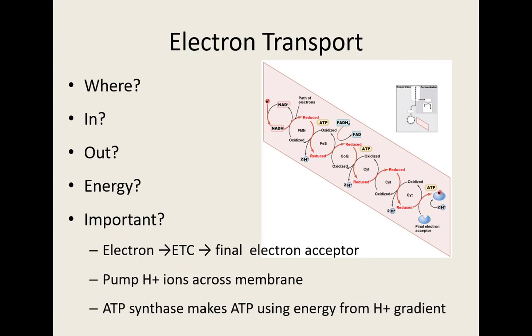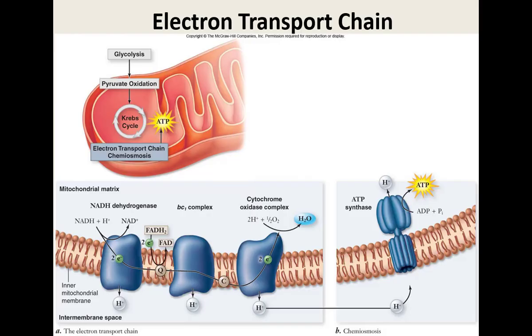Now I'm going to go back. Is there anything else important? All the electrons that were in those electron carriers are going to go to the electron transport chain. Eventually they will have to find somewhere to go. Those electrons, that energy, is going to help pump the hydrogen. But at some point the electrons do have to go somewhere.